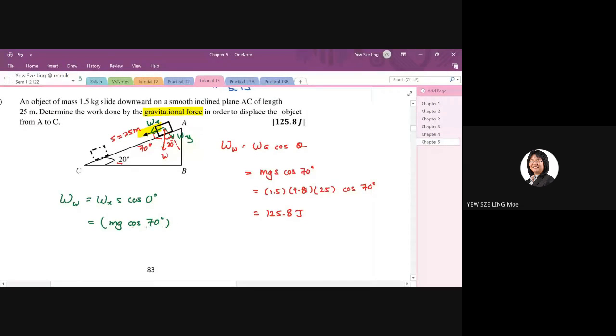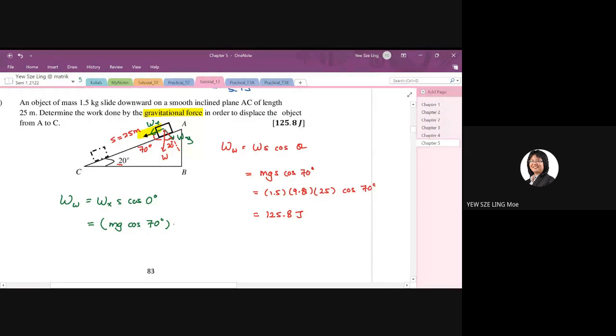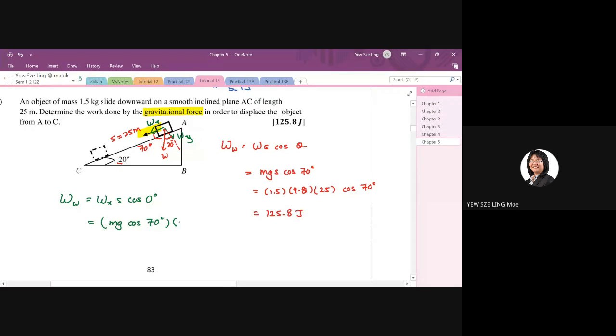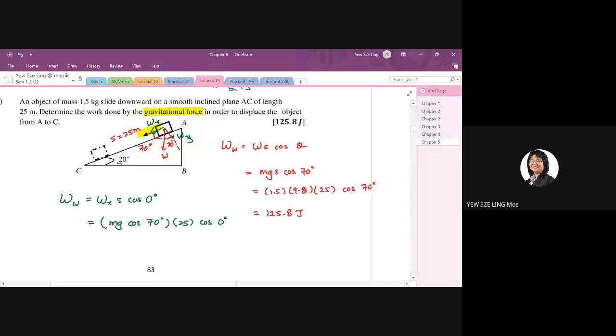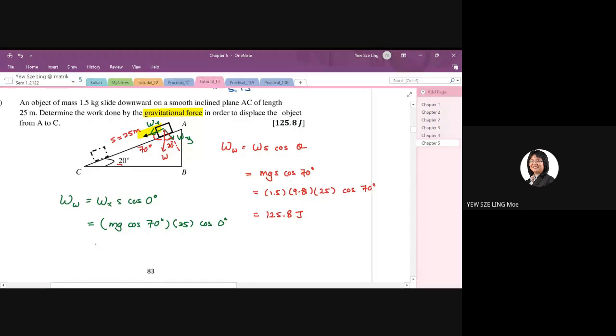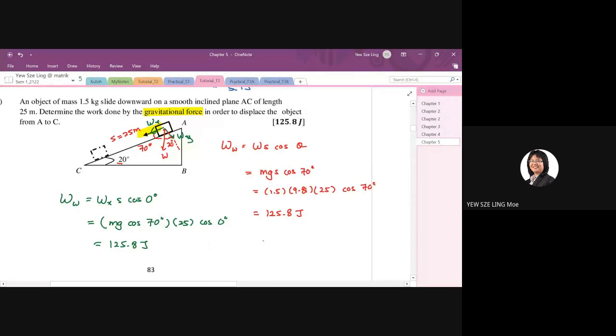Of course, you can use mg sine 20 degree, that is fine. And then your S, which is 25, and again cos 0 degree, because after you resolve it, W_X and S are pointing towards the same direction. So eventually you will get 125.8 joule as well.